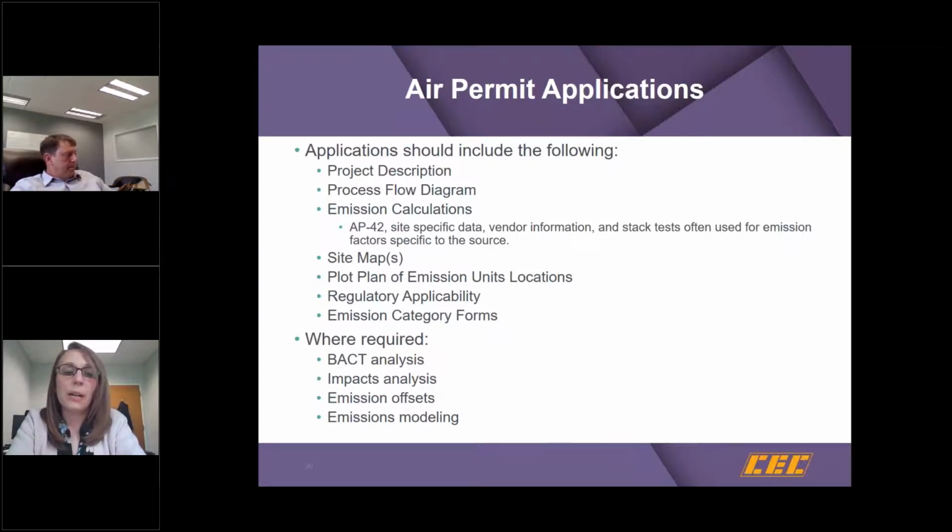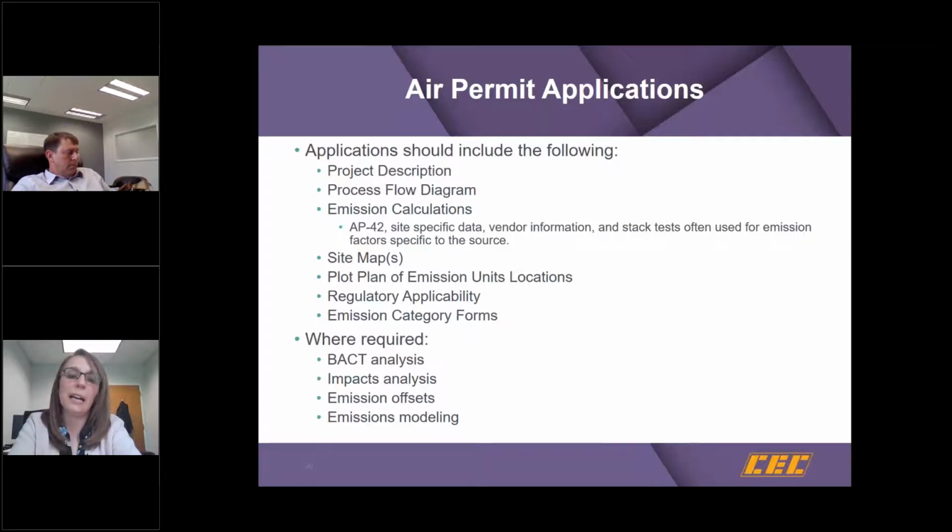This is also outlined in the process flow diagram, which is a graphic. Sometimes it's a map or schematics or a CAD drawing of how your process is going to run. And then the most important part of the application is the emission calculations.